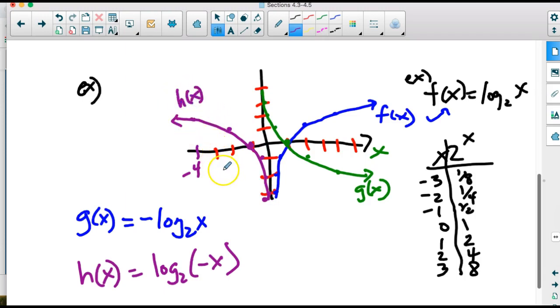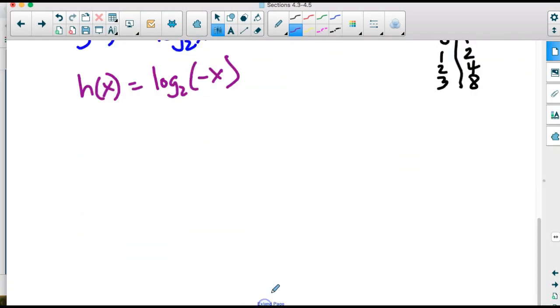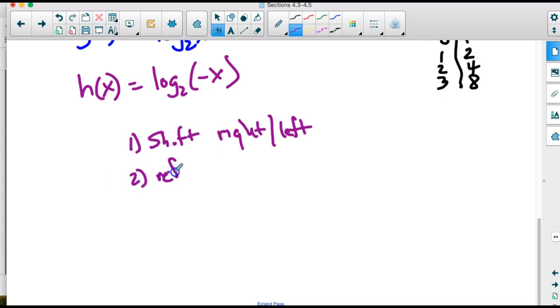Now, in the order of graphing, you would first of all shift right. So when we're doing these graphing methods, and there are several things that happen, we want to shift right or left first. So the first thing would be a shift right or left. Then we would reflect, if you needed to.